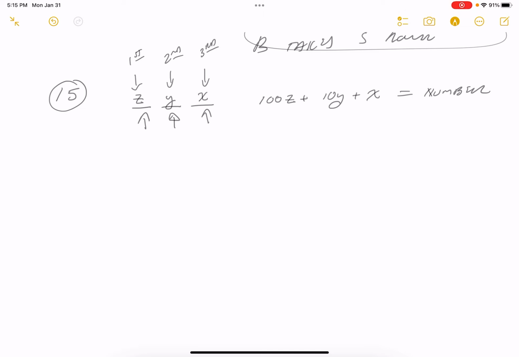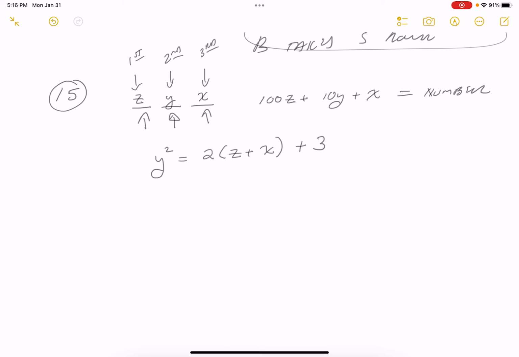Now I'm reading it: the square of the second digit exceeds twice the sum of the first and the third by 3. I'll put this over here. I'm sorry, I lost track of what I was reading.